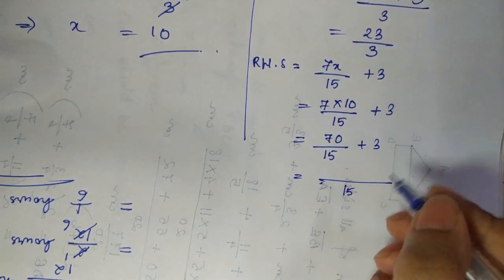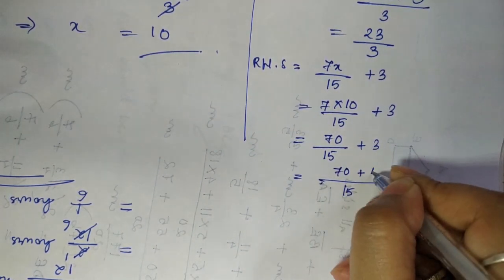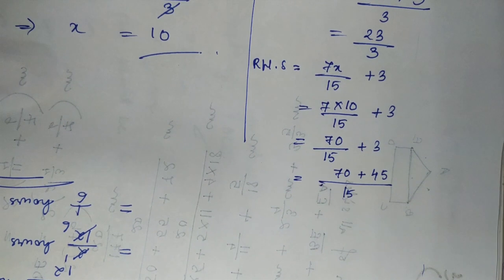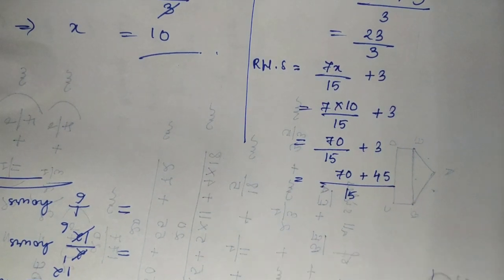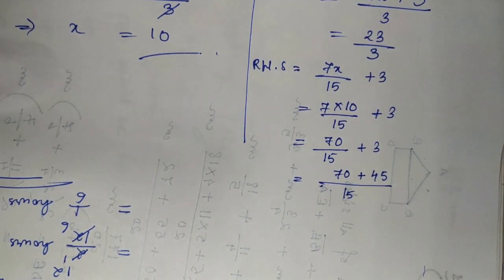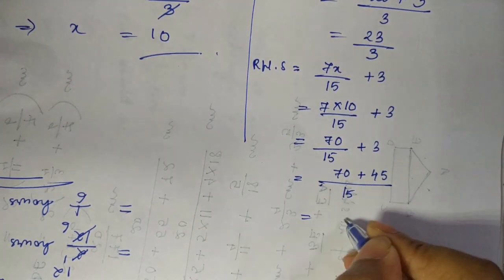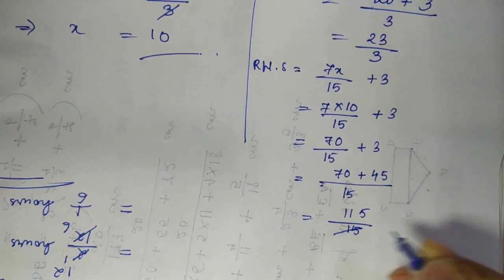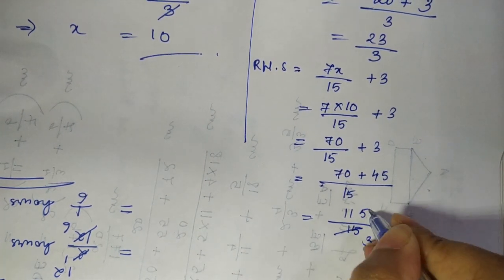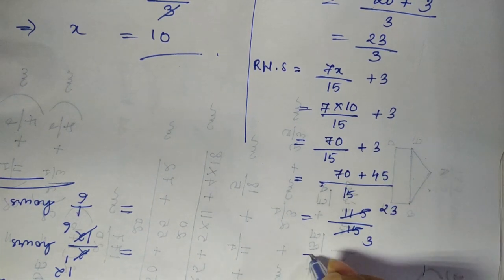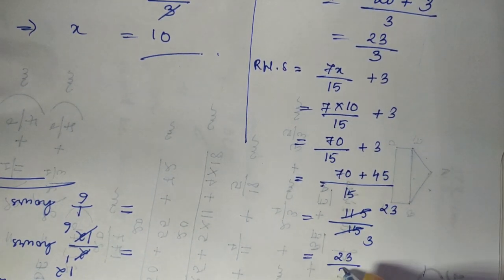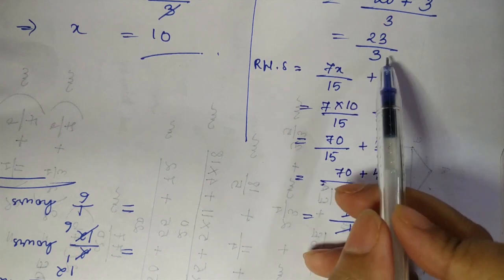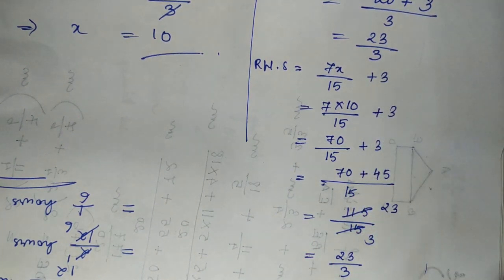If you take LCM 15, 70 plus 45, right? Now please add this one. What will you get? 115 by 15. Let's see if it gets cancelled. 5 3s are 15, 5 23s are 115. What did I get? 23 by 3. This is what I got in my left hand side also.